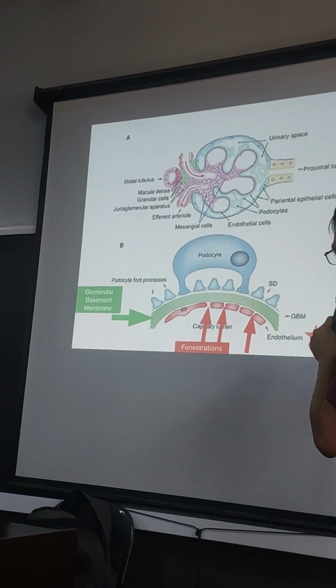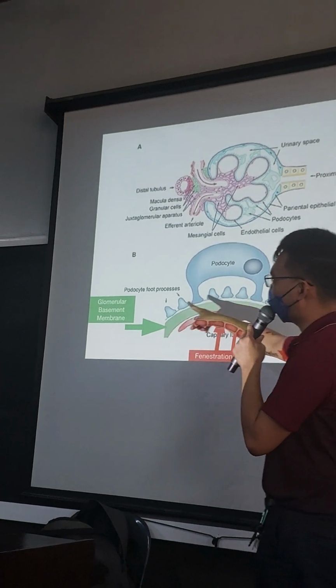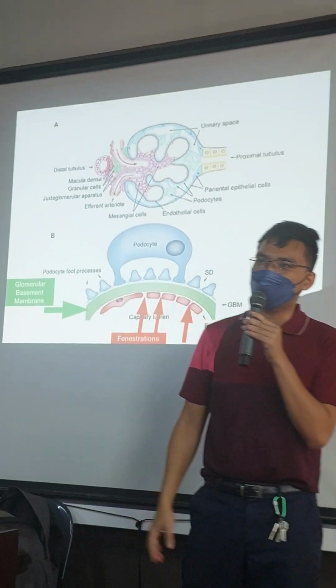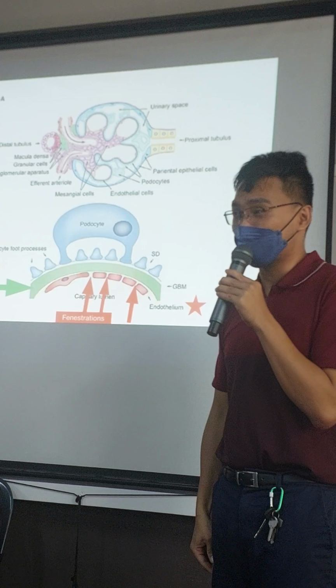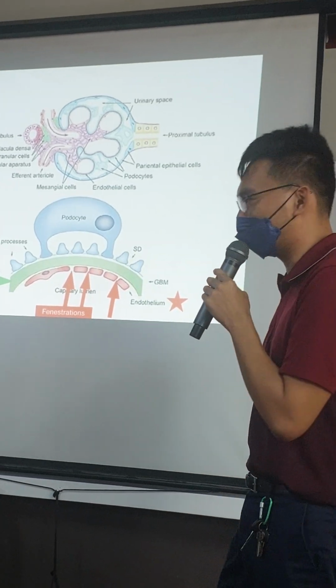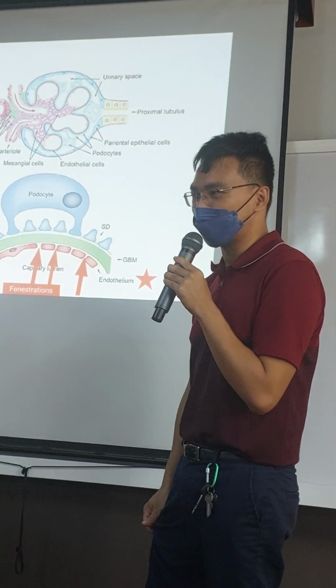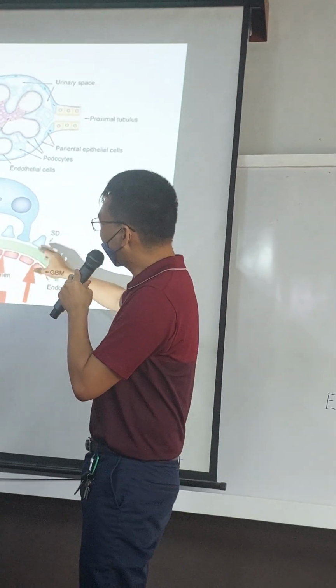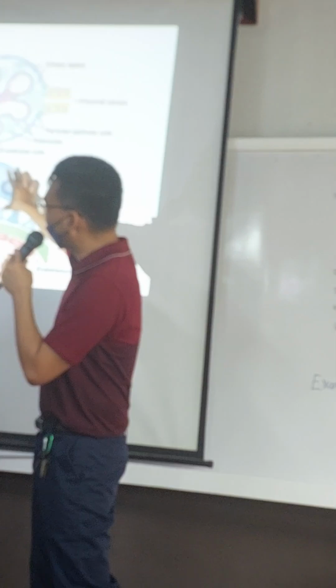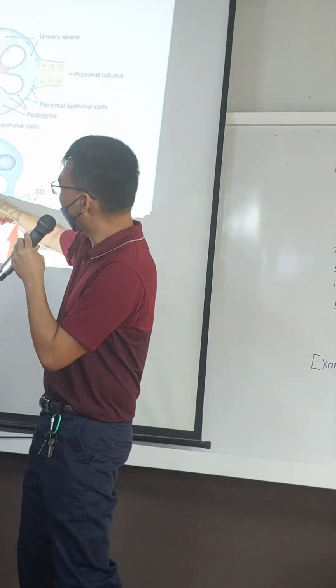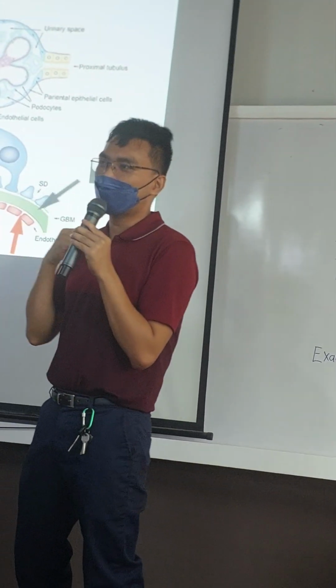The second barrier is known as the glomerular basement membrane, or GBM for short. I'll show you what it looks like in the electron microscope a little bit later. And then finally, you remember you have podocytes that are wrapping their foot processes around the capillary.